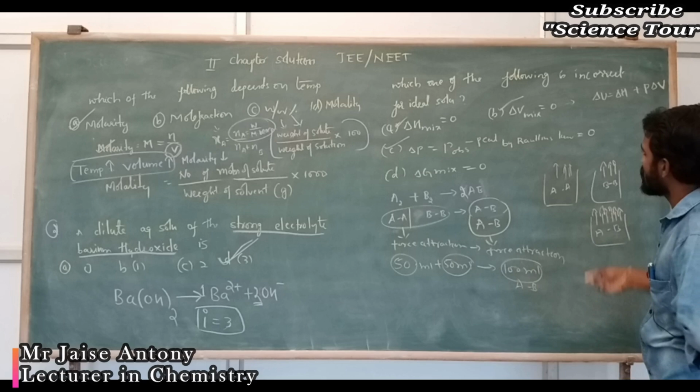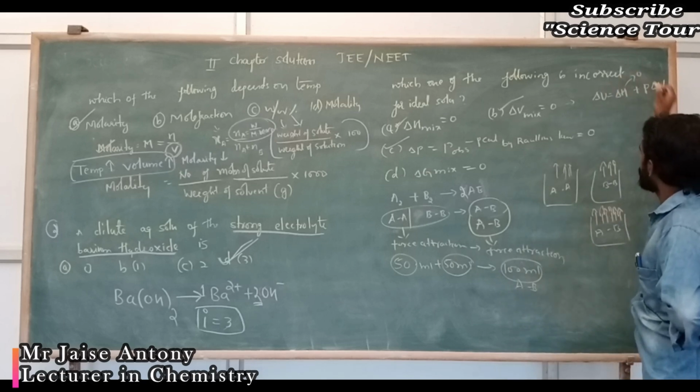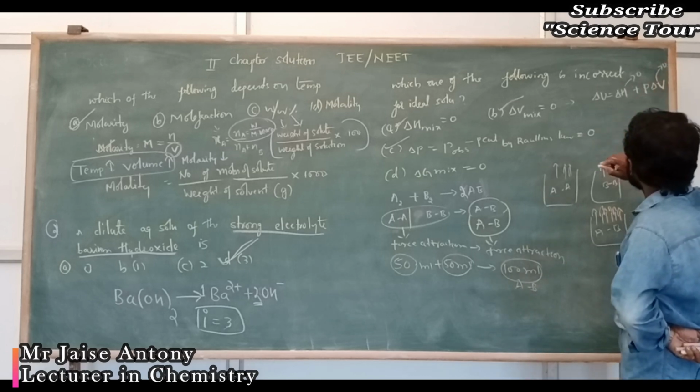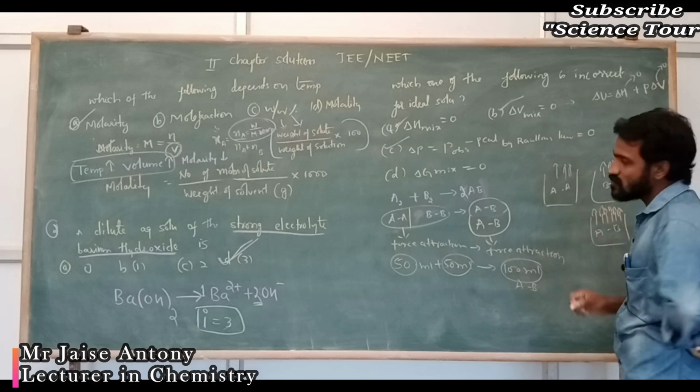That means here they are telling that delta H is equal to 0 in ideal solution. Delta V is also 0. Correct? If delta H is 0 and delta V is 0, then delta U is also 0.